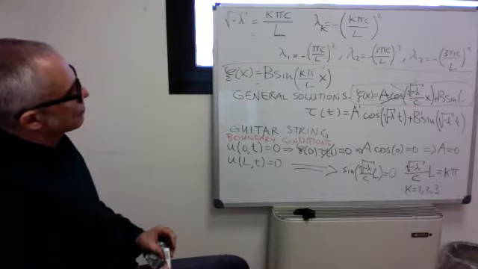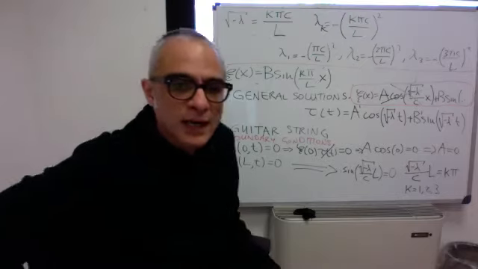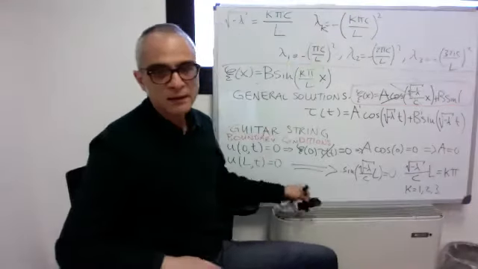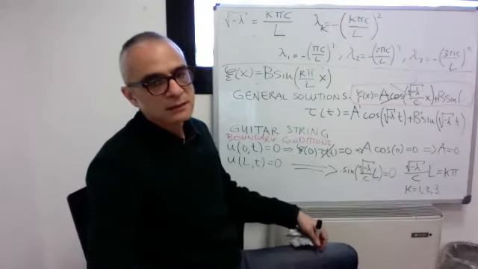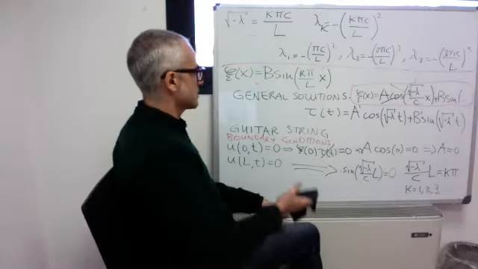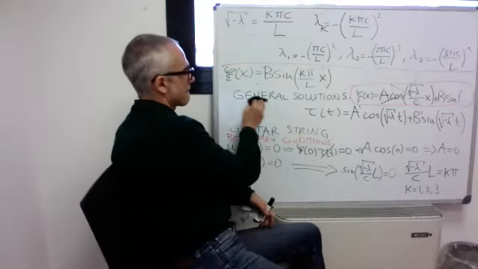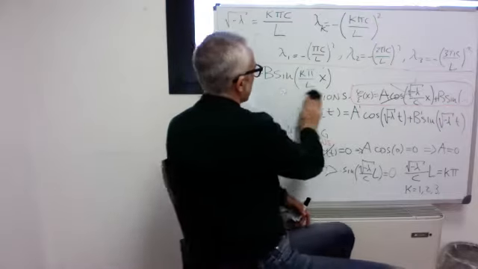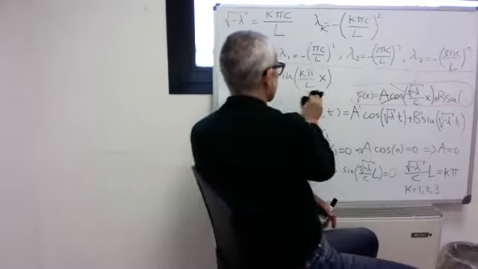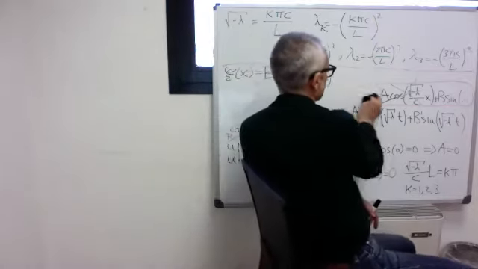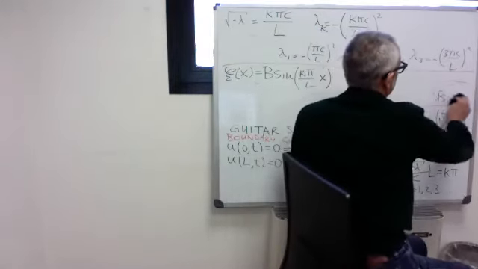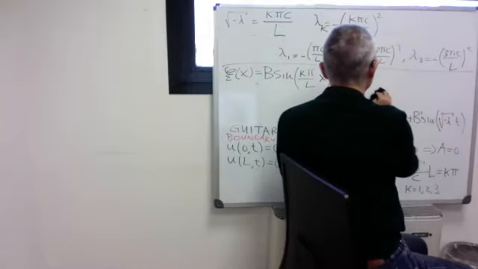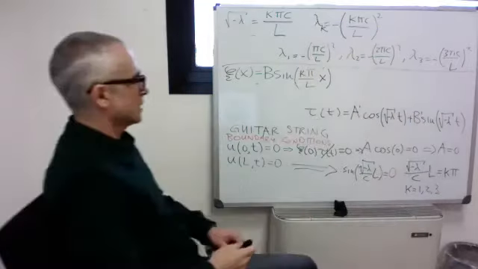So we removed a lot of the arbitrariness in the solution by specifying that the endpoints of the string are fixed. And you should notice now that tau and psi are related to one another, right?